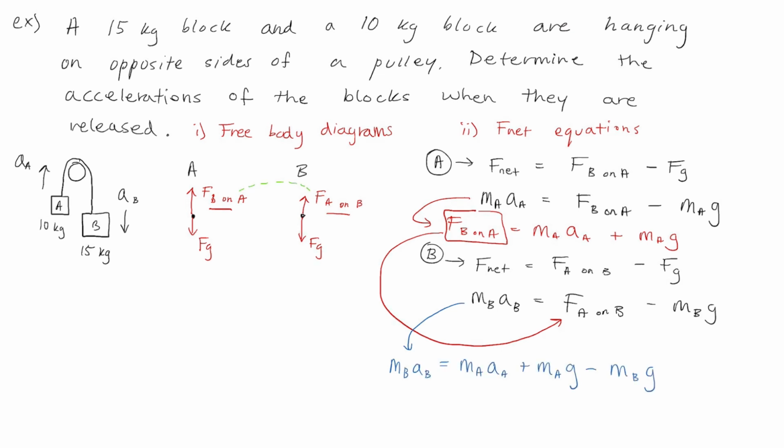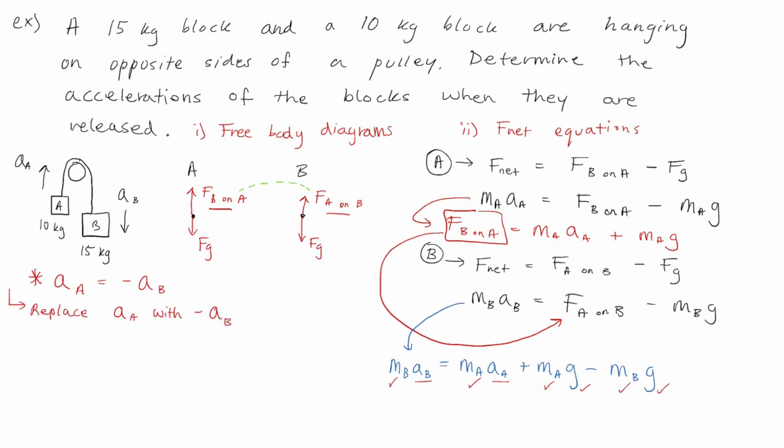And if you look at this equation, we have the mass of B, we have the mass of A, we have the acceleration due to gravity. All we need is the acceleration of the object B and the acceleration of the object A. And this is where it becomes critical that you recognize that the acceleration of A is just equal to negative the acceleration of B. They have the same magnitude but opposite directions.